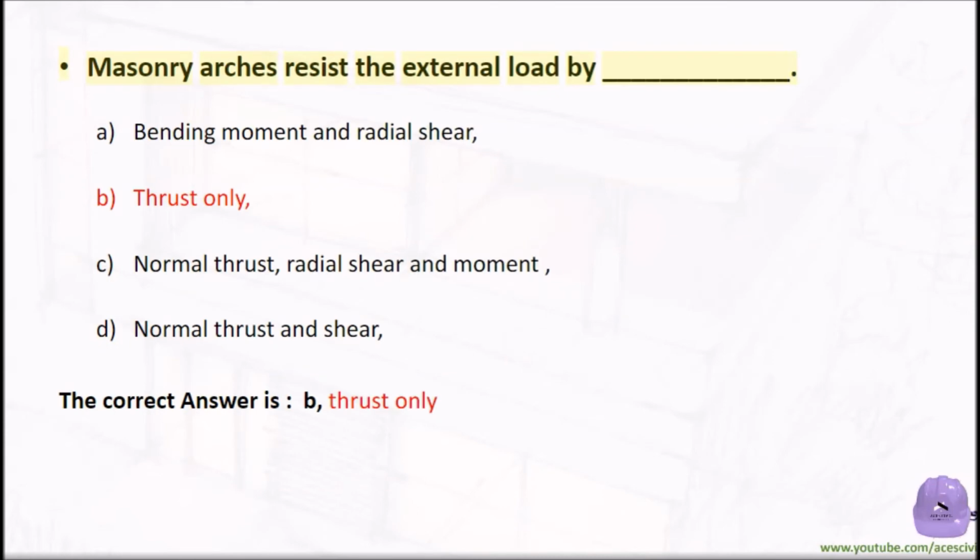Masonry arches resist the external load by: A. Bending moment and radial shear, B. Thrust only, C. Normal thrust, radial shear, and moment, D. Normal thrust and shear. The correct answer is B. Thrust only.